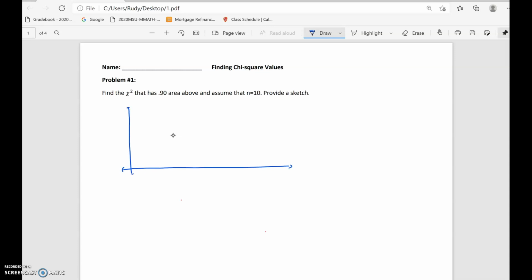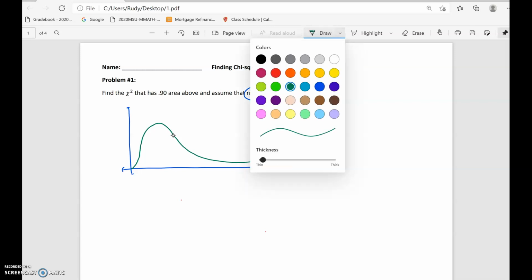Technically, n is equal to 10, so the degrees of freedom is equal to 9. So for this one, degrees of freedom is equal to 9. And then it's a chi-square distribution, so it's going to look like this.